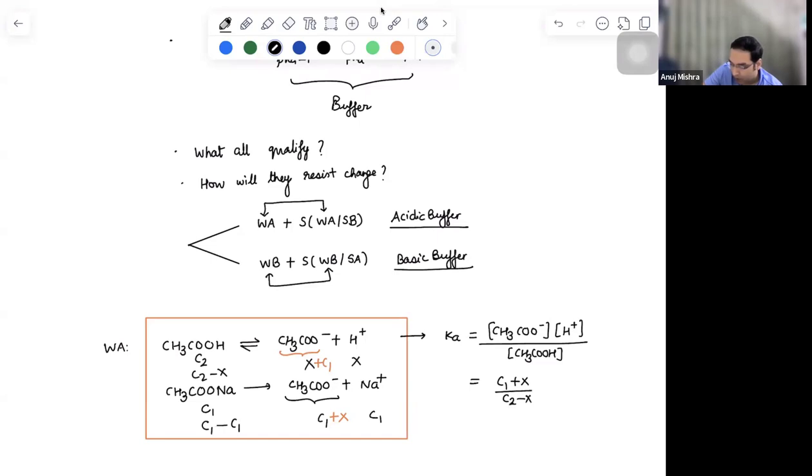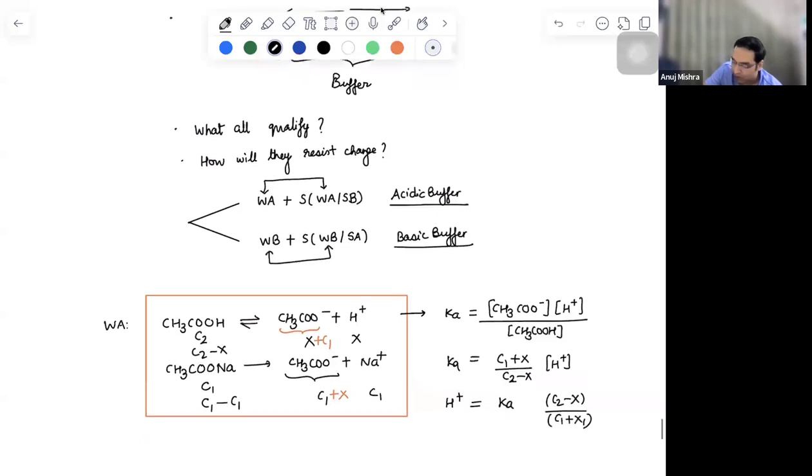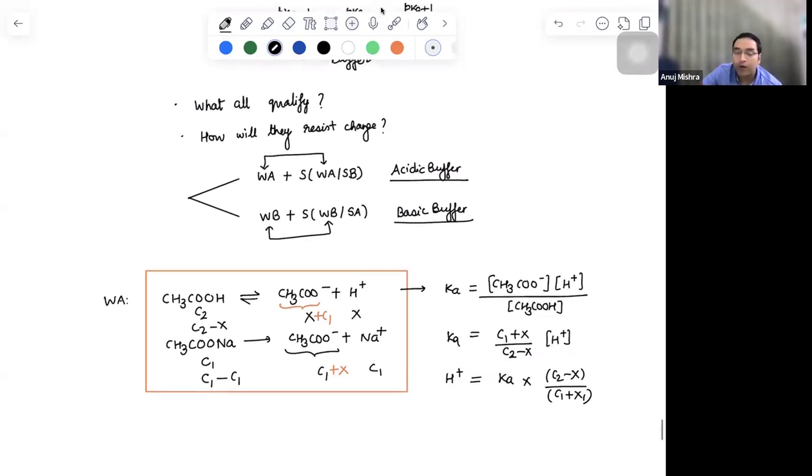C2 minus X. Check the values into H plus. Or what is H plus? We can say H plus is Ka times C2 minus X upon C1 plus X into multiplication. Okay? Any problem up to here? Any problem in this part?